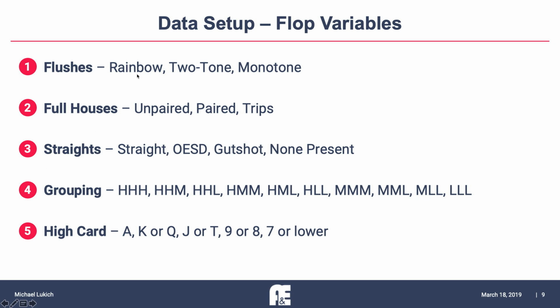For flushes, it's split up into rainbow flops, two-tone flops, and monotone flops. For full houses, those are either unpaired flops, paired flops, or trips flops. For straights, is there a straight? Could you have flopped a straight? Could you have flopped an open-ended straight draw? Could you have flopped a gutshot? Or is there not a single straight draw present on the board?